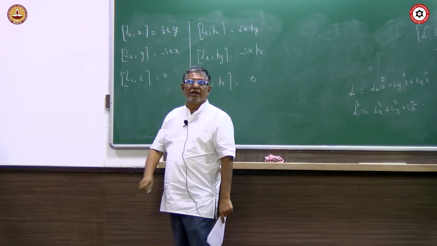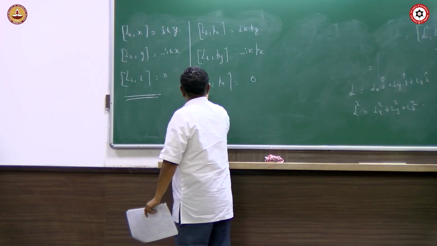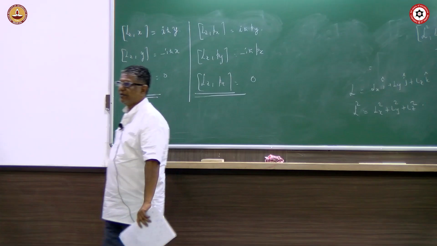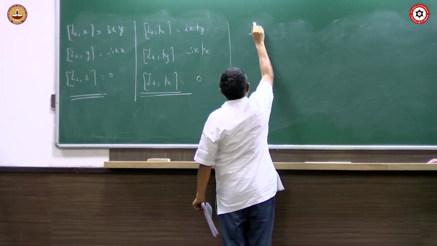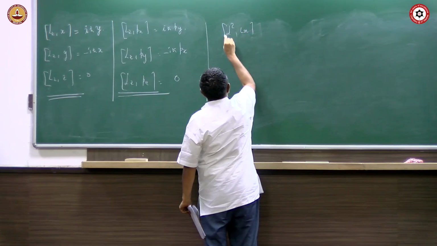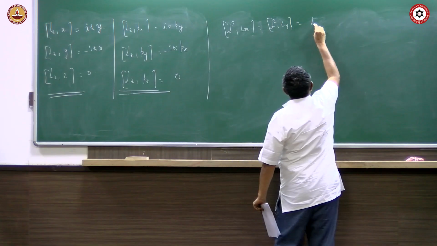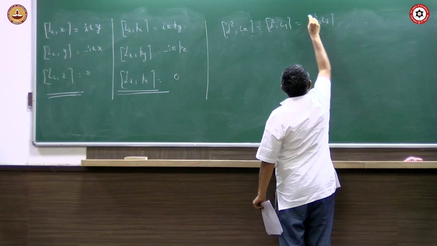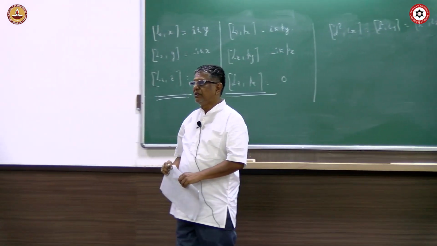So, five minutes' time, I won't derive this; prove these commutators. Take. So that is also 0. We have proved that.